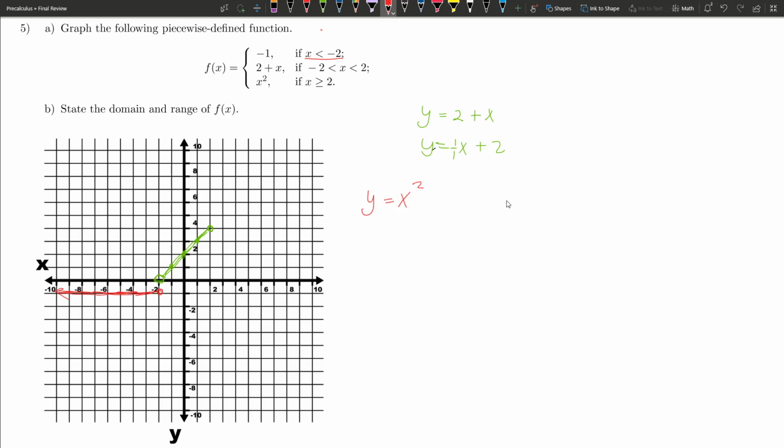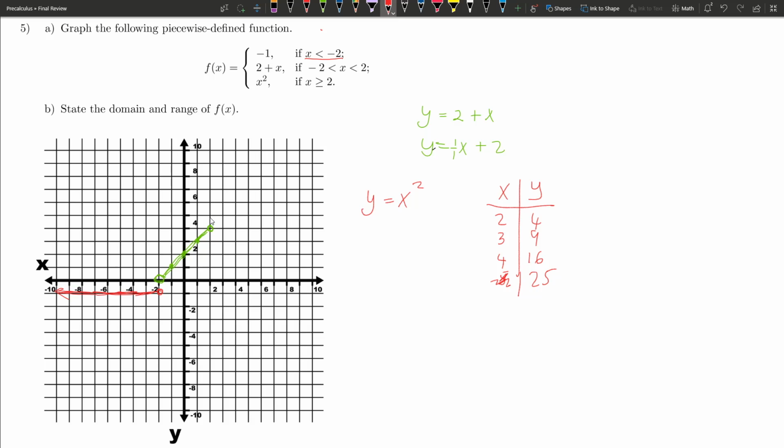All right, so I'm just going to make a little x and y table. Let's do it old school. We're starting from 2, and we're moving on up. So 2, let's get some points. So 3, 4, let's do 5 as well. All right, so if x is 2, then y would be 2 squared, which is just 4. If x is 3, 3 squared is 9, 4 squared is 16. And we don't even need that because this is off the graph, right? But this would have been 25.